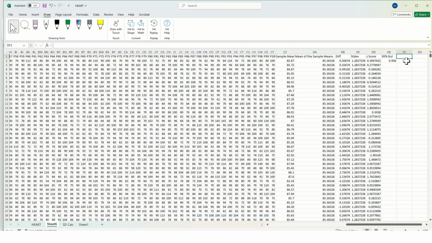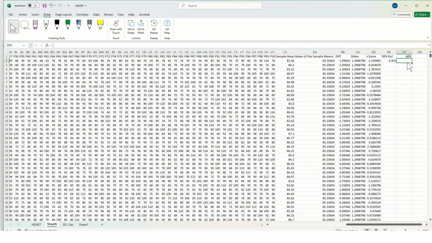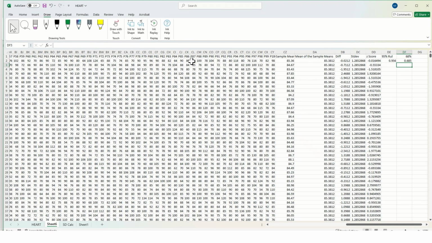If you want to check the 68% rule, we use the same formula here, only that we are checking 1 standard deviation below or above the mean. And we see that it's very close to 68.